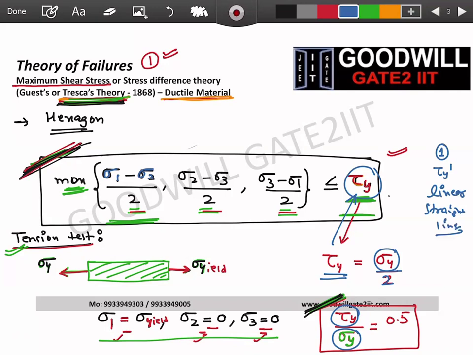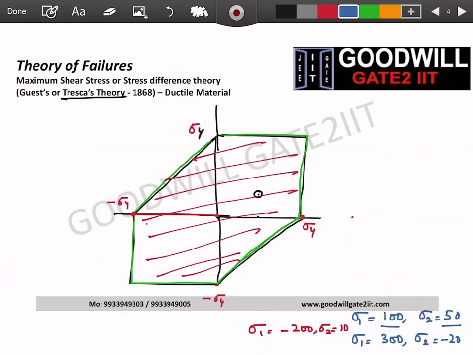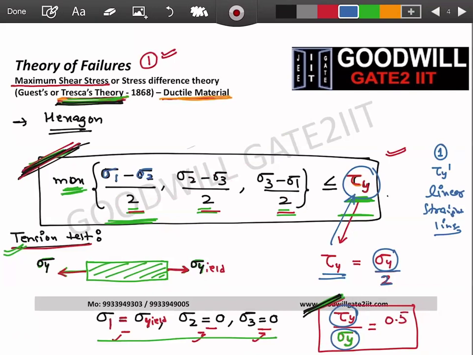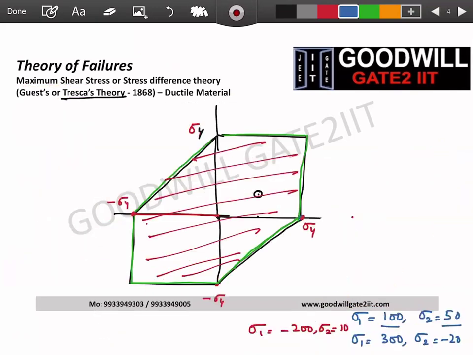Then what we have done, we know if our stresses are more than yield stresses, we have generated the envelope of sigma y, sigma y, sigma y, sigma y. And then we have joined them with the help of a straight line. You will see when it is squared, how the graph will convert into a different shape. Is this clear, Punesh?